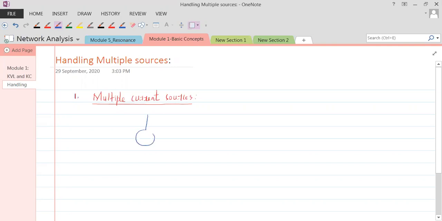Copy the circuit diagram. You have a current source in parallel with the resistor. Again, you have another current source. Okay, you have another current source. Fine. You have yet another current source.